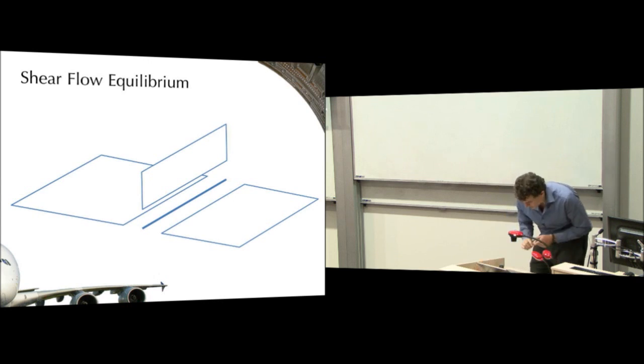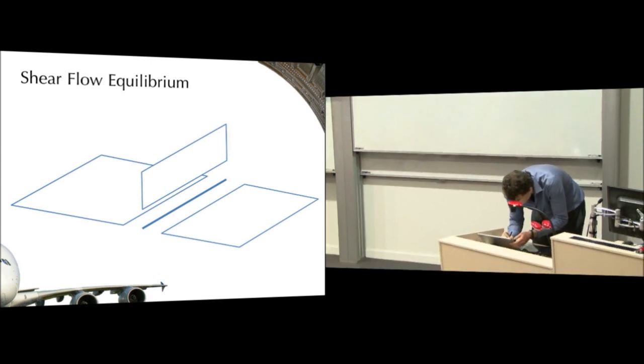Now, let's just, for argument's sake, assume we've got a shear flow in this panel of Q1. And I don't know exactly whether this lines up with the notes or not, but you can make modifications to the notes if necessary.